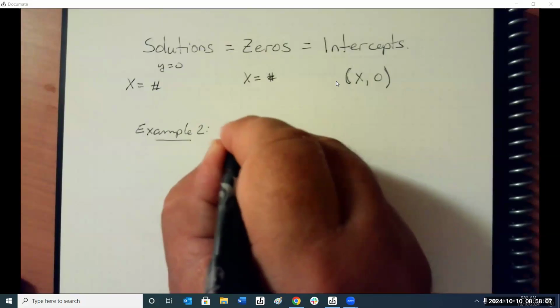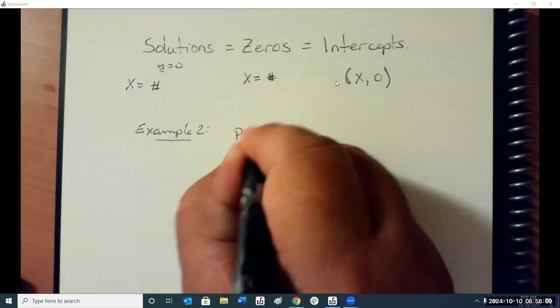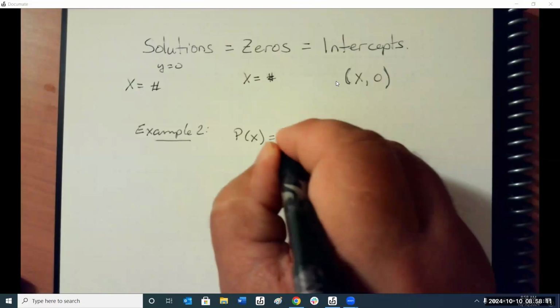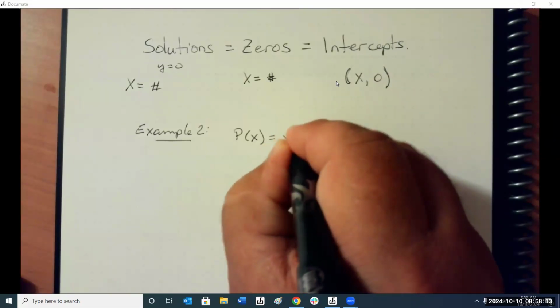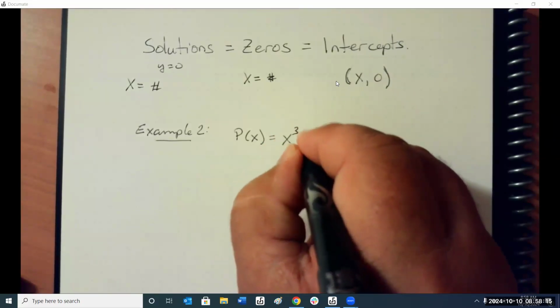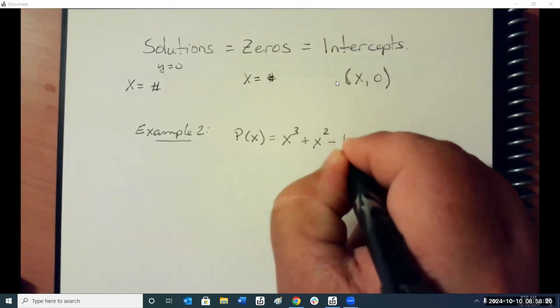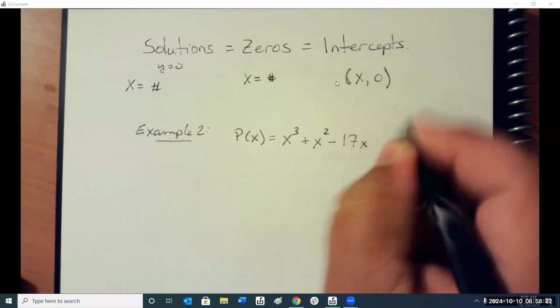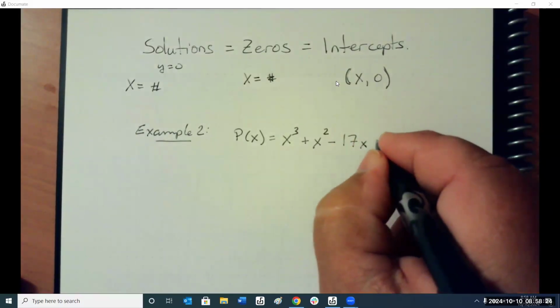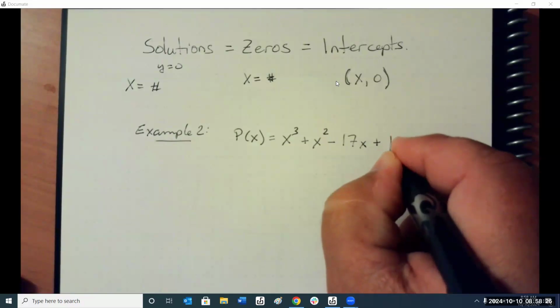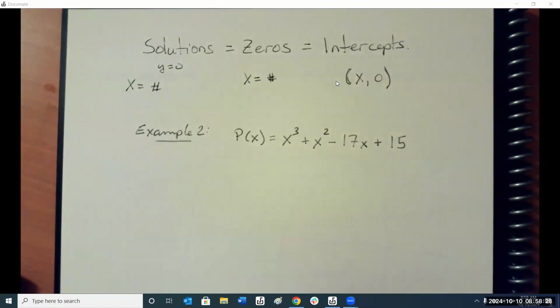Consider this polynomial, x cubed plus x squared minus 17x plus 15.